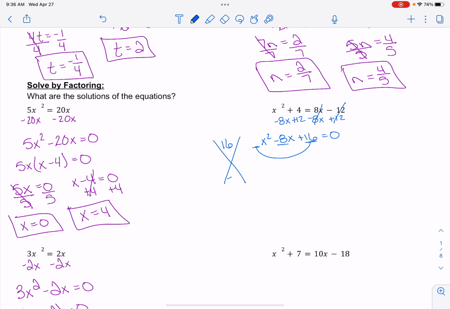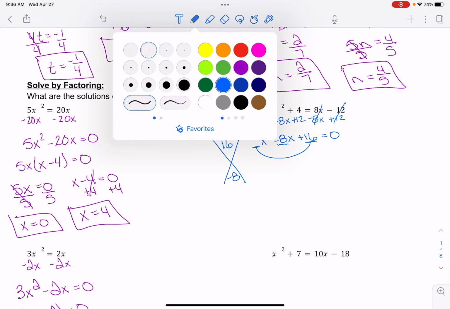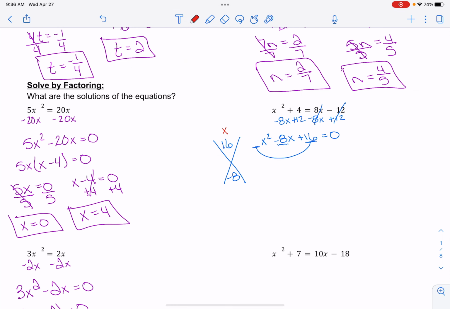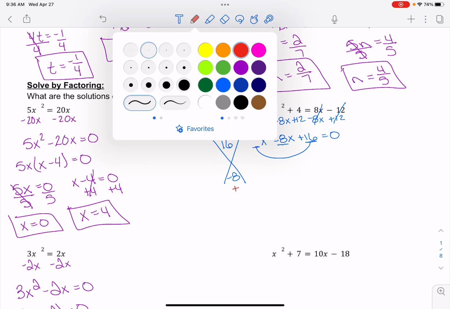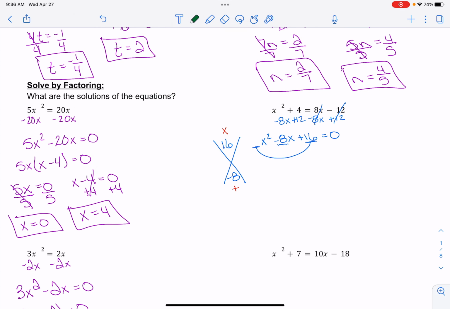This negative 8 goes in the bottom. And then you need to find two numbers that multiply to give you 16 and add to give you negative 8. In this case, that is negative 4 and negative 4. Negative 4 times negative 4 is positive 16. Negative 4 plus negative 4 is negative 8.